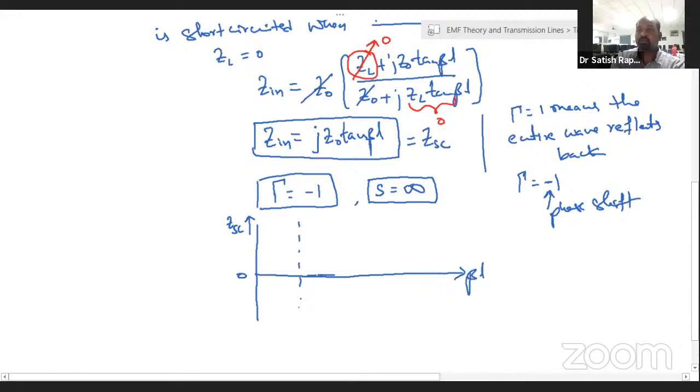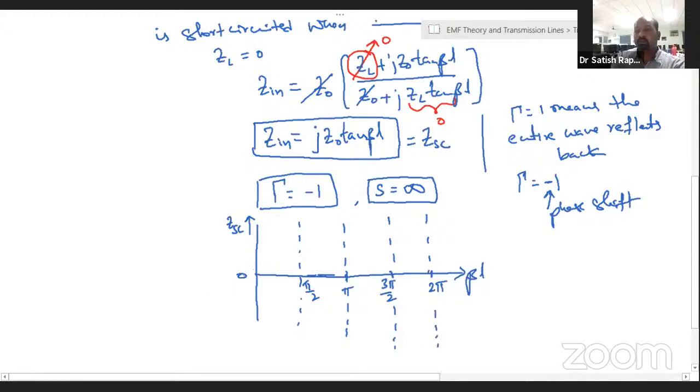Let us say here beta L is equal to 0, this one is beta L equal to pi by 2, this one is beta L equal to pi, this one is 3 pi by 2, and beta L equal to 2 pi. At different values of beta L, we will see how the input impedance varies.